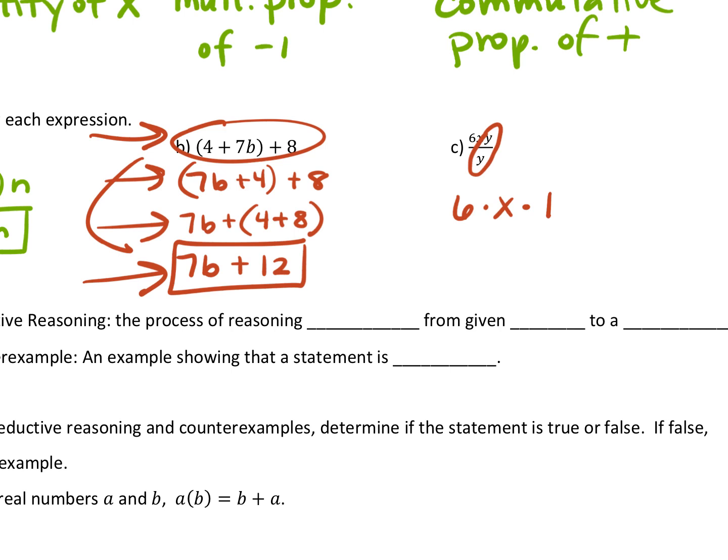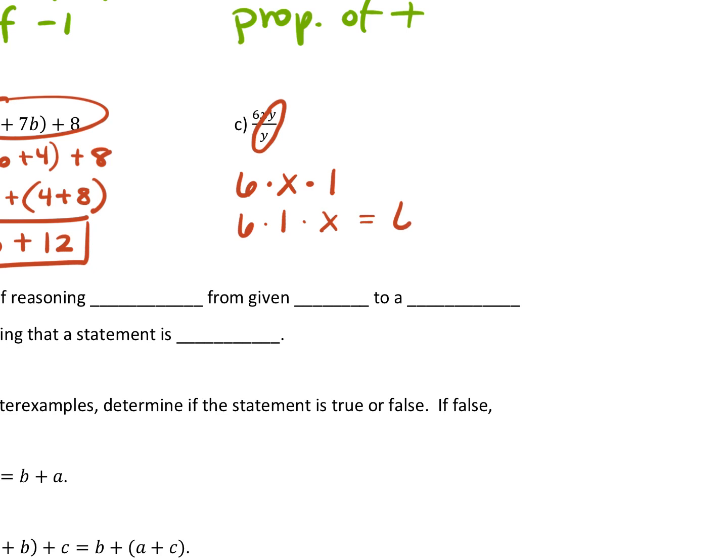Just break it into 3 things, which means you could do the commutative property now: 6 times 1 times x. 6 times 1 is the identity property, which says anything times 1 is itself back. So 6 times x. But again, if you get from here straight to here, I'm totally fine with that.